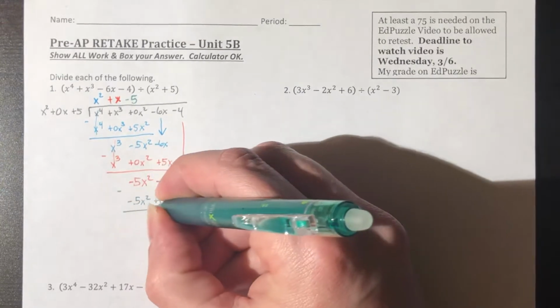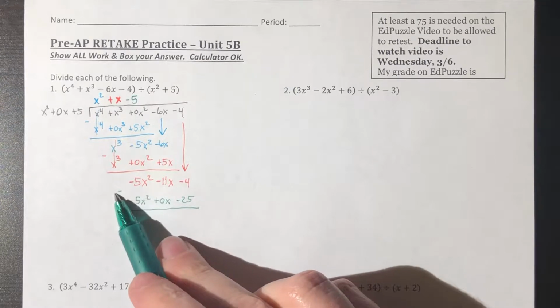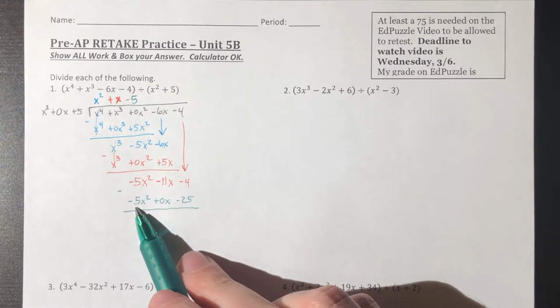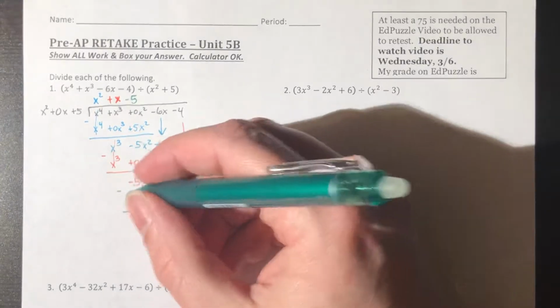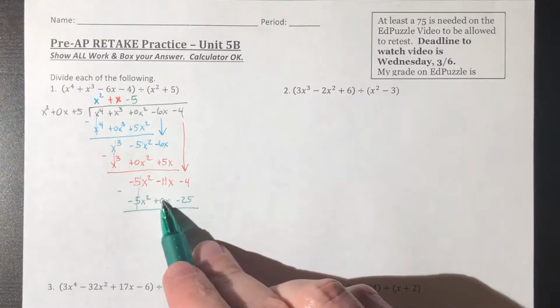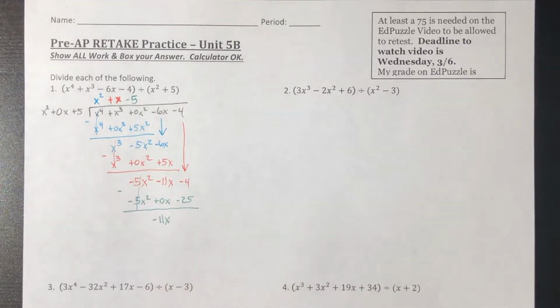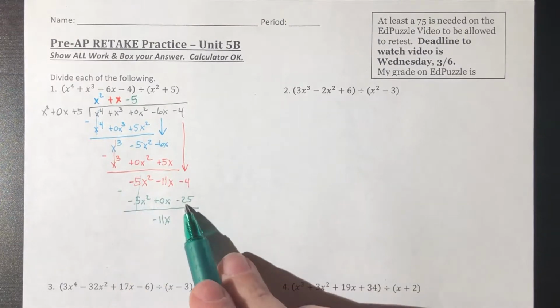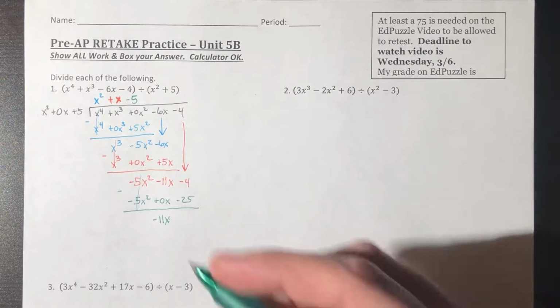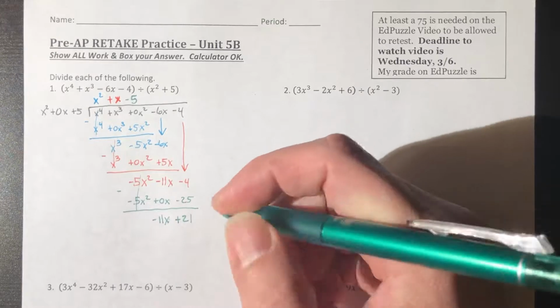I subtract those. So I have negative 5x squareds minus negative 5x squareds. Well, when I subtract a negative, I'm really adding. So those cancel. Negative 11 minus 0 is negative 11x. And then negative 4 minus negative 25, again, would be negative 4 plus 25. That's going to be positive 21.